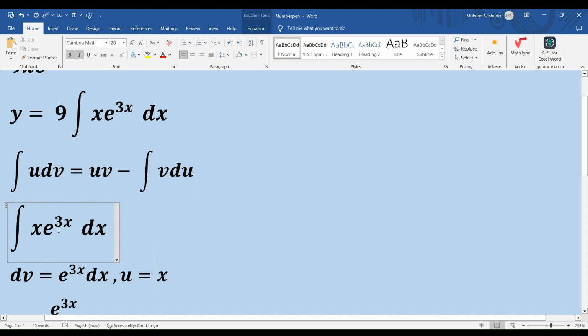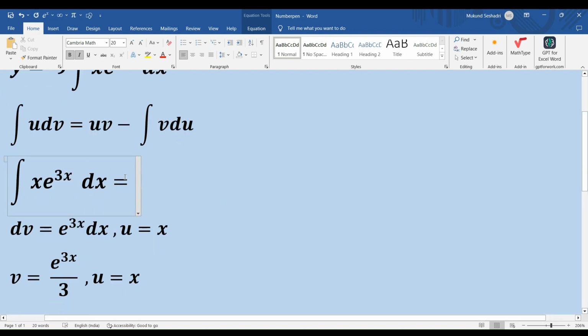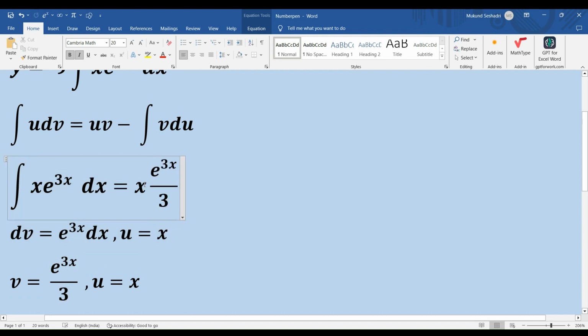So I have the integral of x into e to the power 3x dx equals uv. I know my u, I know my v. My u is nothing but x, and my v is nothing but e to the power 3x by 3. So we write down what is our uv, and then I come to my second part, which is the integral of v du.